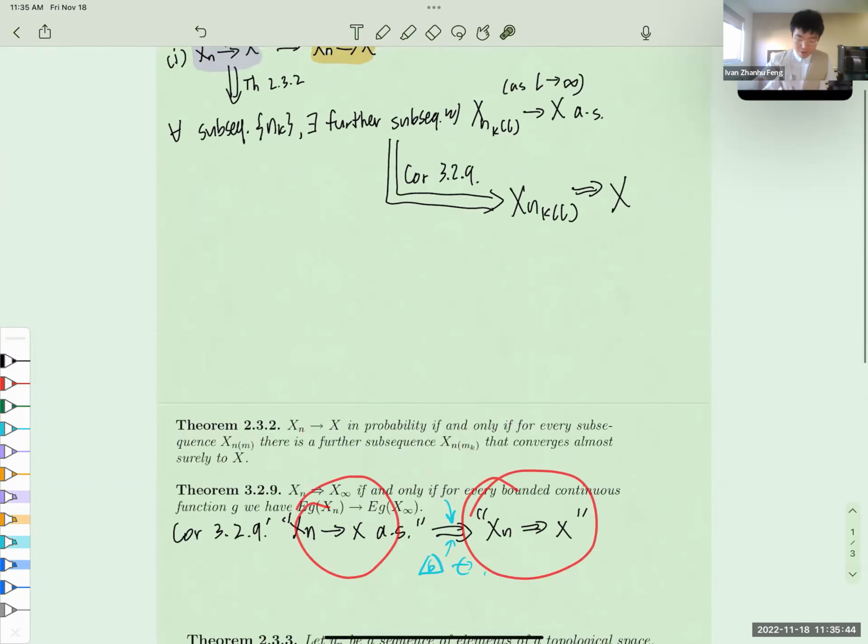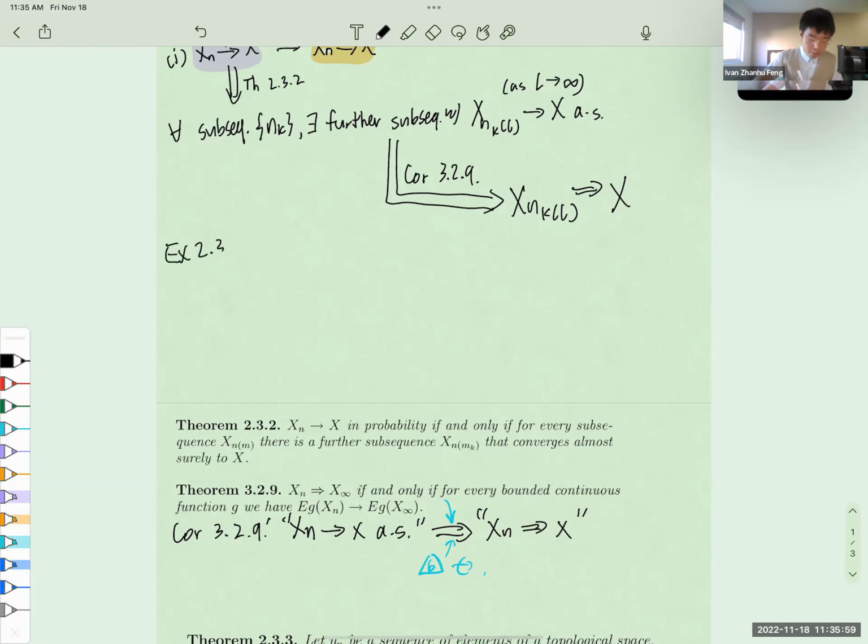We know almost sure convergence can directly imply weak convergence. That's it. And by one of our previous exercises, exercise 2.3.6, we know that there exists a metric, which is the Levy metric, for convergence in distribution.